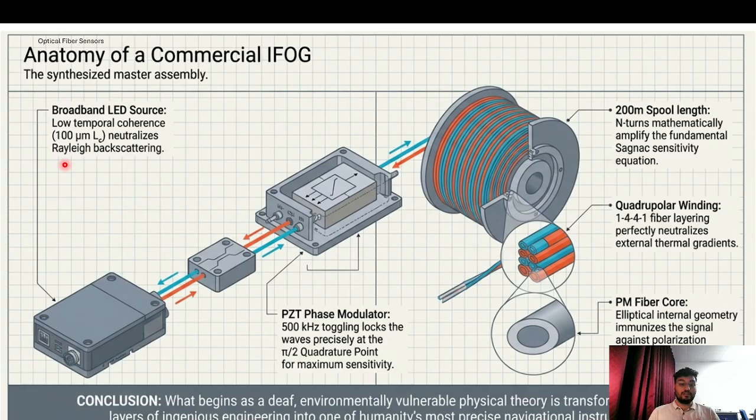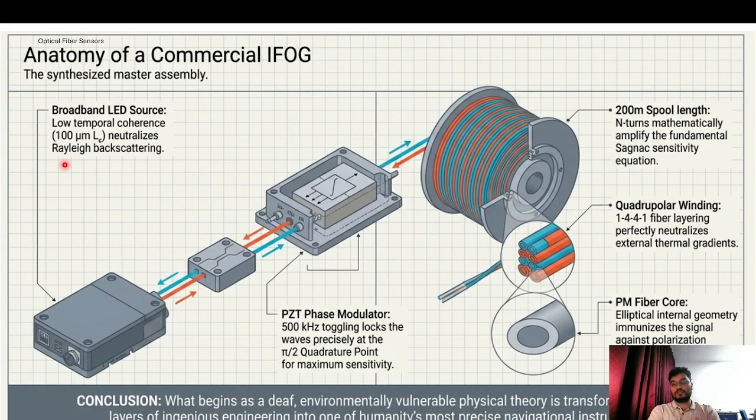Then there is a 50-50 splitter, which takes the signal to the PZT and brings the signal back from the PZT phase modulator. A 500 kHz modulation biases the wave precisely at the pi by 2 quadrature point for maximum sensitivity.